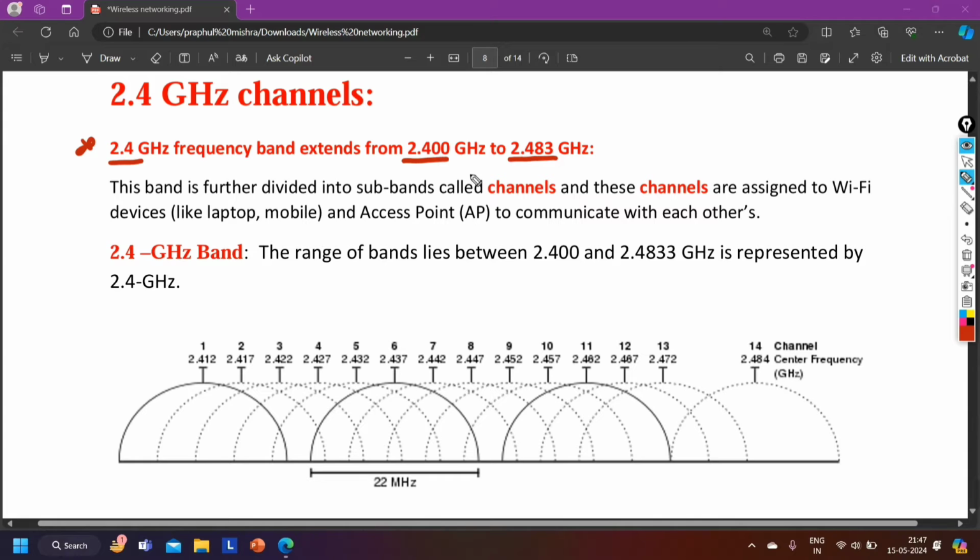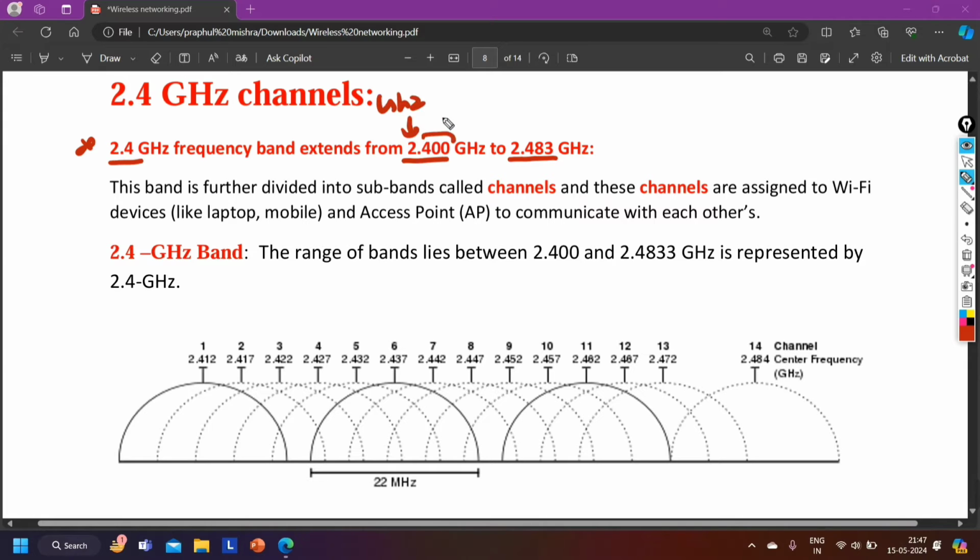Range of frequency. So if someone asks you what is the range of frequencies under 2.4 GHz channels, you can say it will start from 2.400 GHz and end on 2.483 GHz. And as I told you about the units, here you can see this 2 is measured in gigahertz, right?